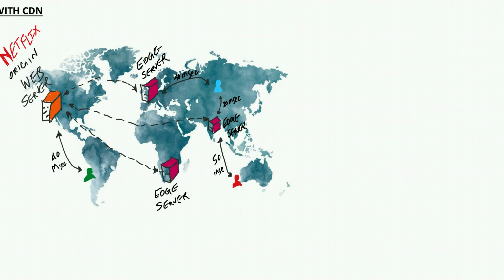So these different servers in different geographical locations in the CDN infra are known as edge servers, as you can see here in our diagram, or also known as cache servers or POP locations. These servers store the cached version of the main website content, which users normally request from the origin server. Origin server is nothing but the server which contains the main data for the website.